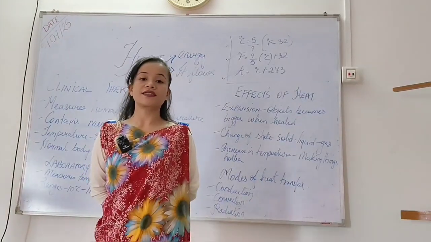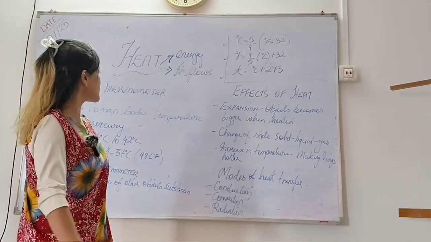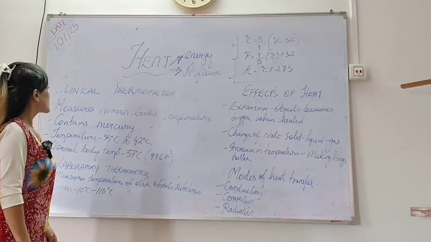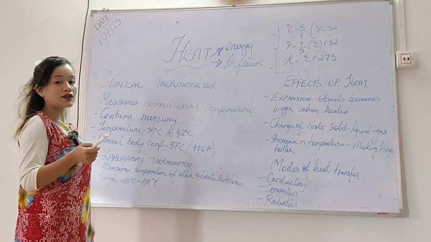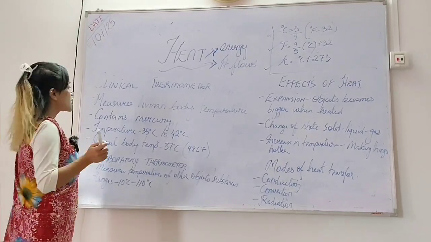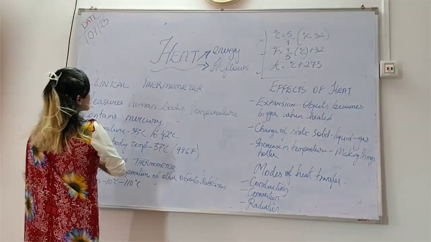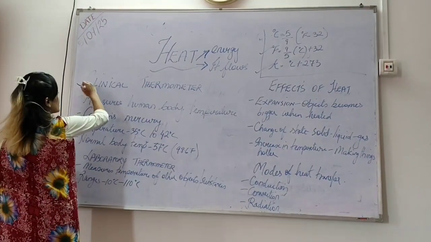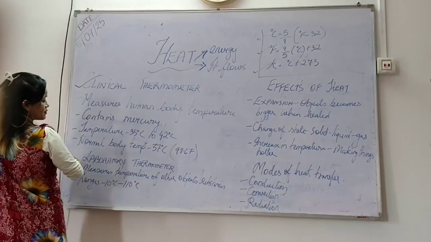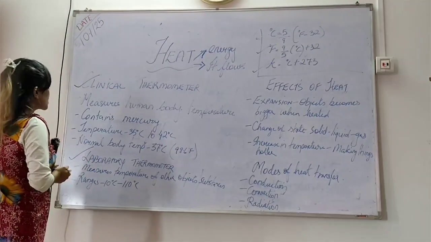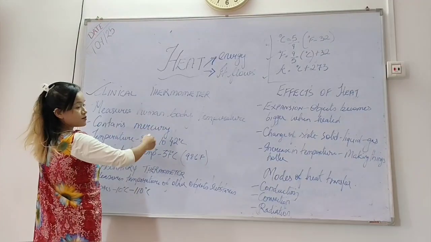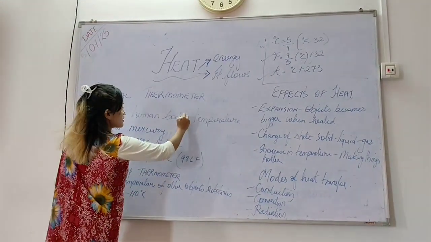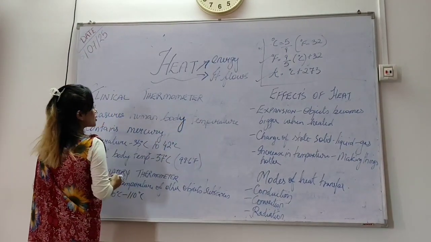So now let's see how we measure the temperature. There are two types of thermometer. A thermometer is an instrument used for measuring temperature. The two types are the clinical thermometer and the laboratory thermometer. The clinical thermometer measures human body temperature.